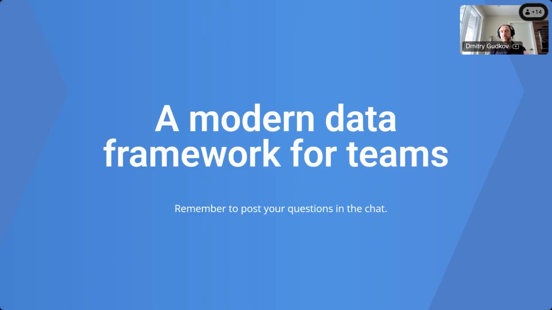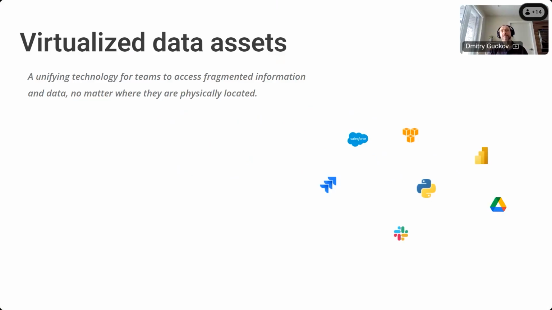A data framework for teams that would help tackle data fragmentation, improve collaboration, and make life easier for people who work with data and analytics and who need to organize their work in order to achieve their goals in organizations. So what are the main principles of this data framework?